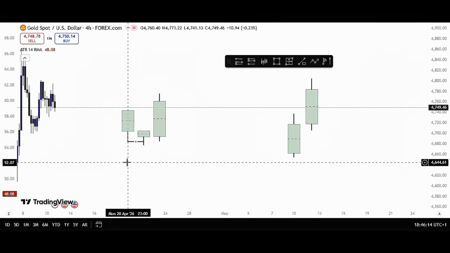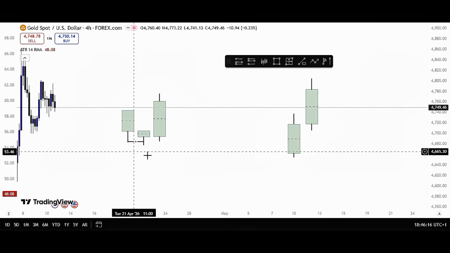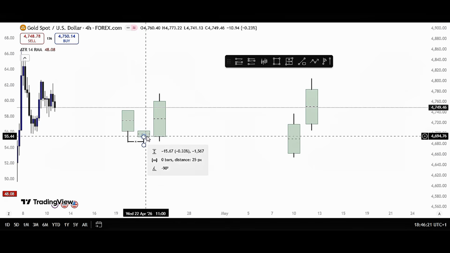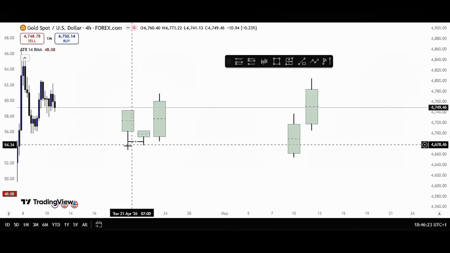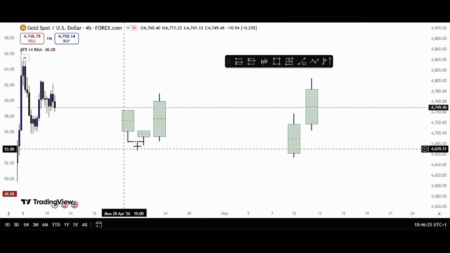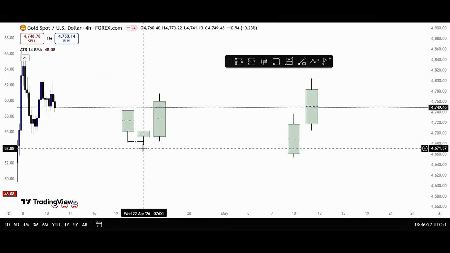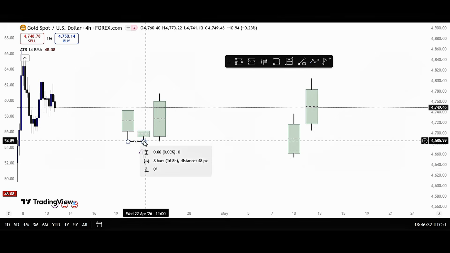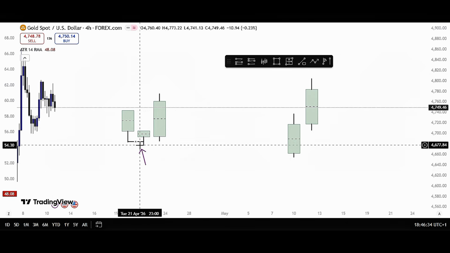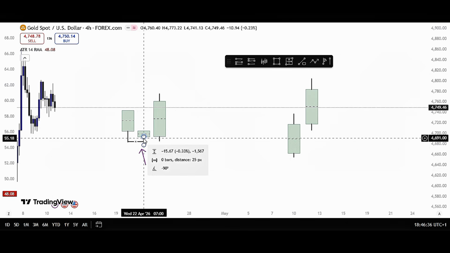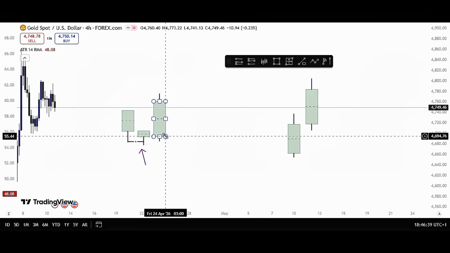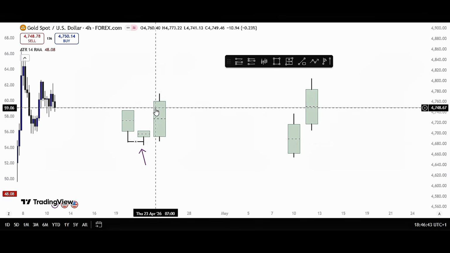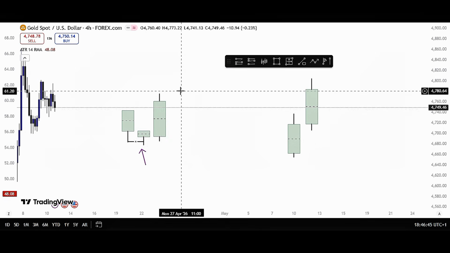The CRT model stands for candle range theory, and it's basically a reversal model, where if a second candle sweeps the low or high of a previous candle but does not close below it, you can see in this demonstration, look at this candle. The wick took out the low of this previous candle but did not close below it and closed inside. They are most likely going to expect a reversal on the next candle that is going to form. So you can see this candle expands to the upside.